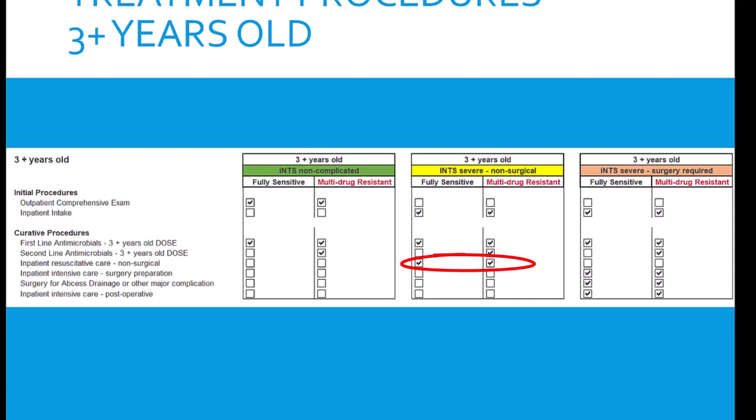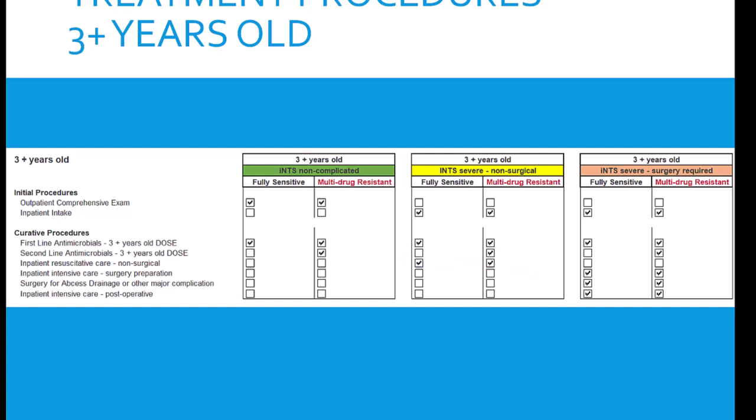So you can see that we've checked the box for both fully sensitive and multi-drug resistant cases for them to receive inpatient resuscitative care, which is non-surgical.